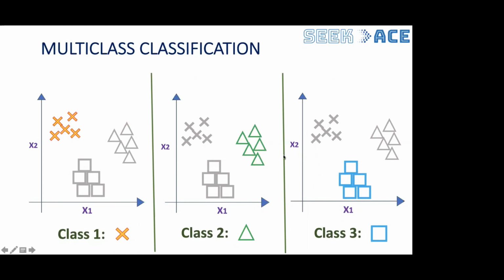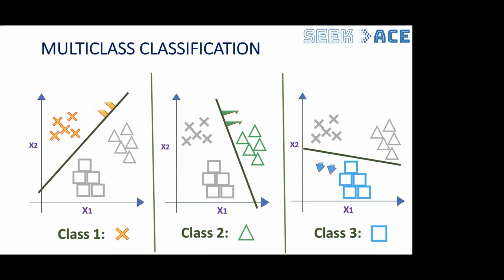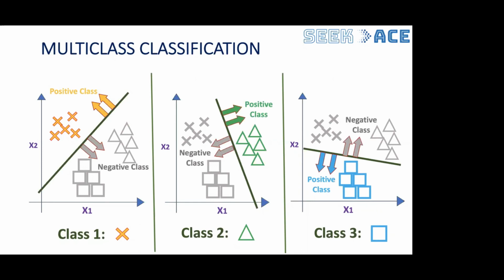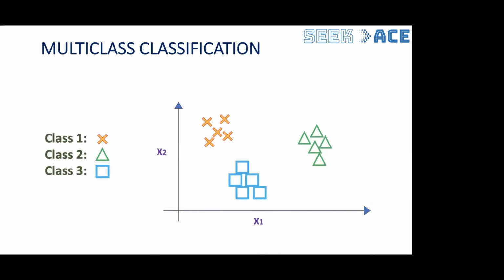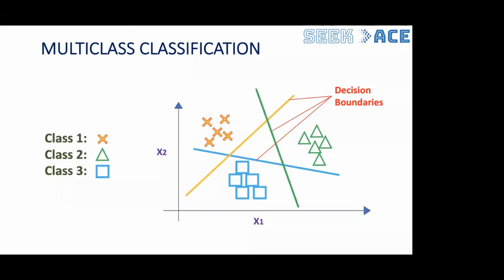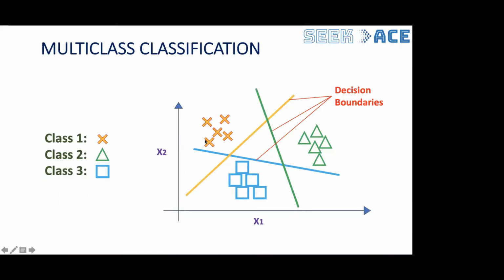This is your boundary, this is the positive class, this is the negative class, by solving a binary classification. Now this class has 0.2, this is 0.3, and this is 0.5.